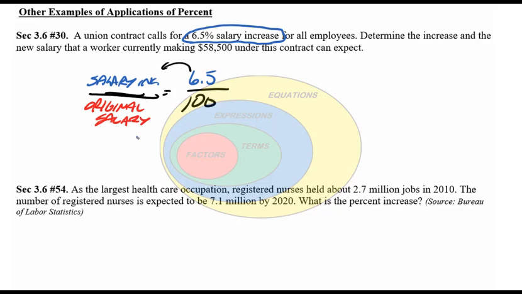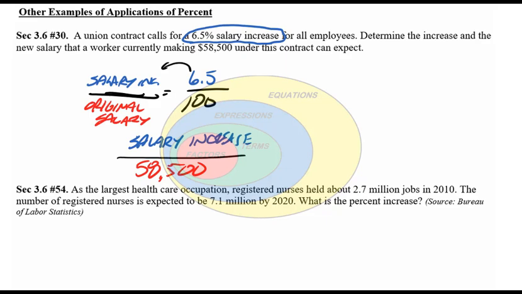So I take the salary increase divided by the original salary, which in this case is 58,500, and that's equal to 6.5 over 100.